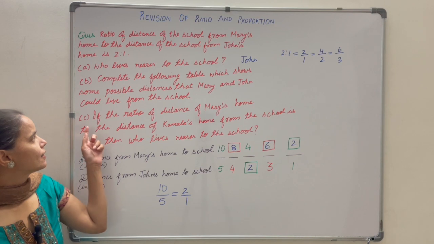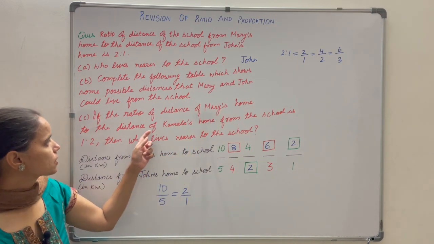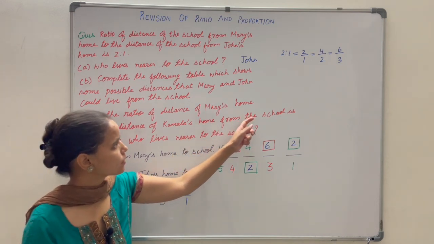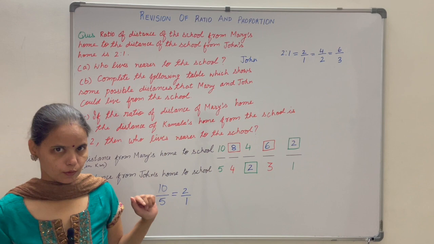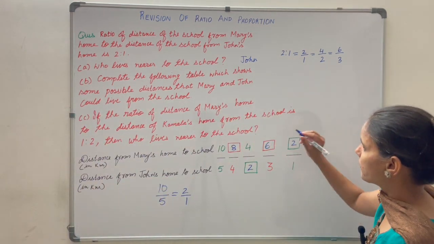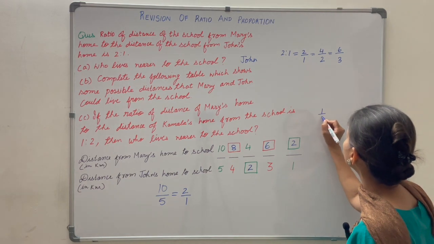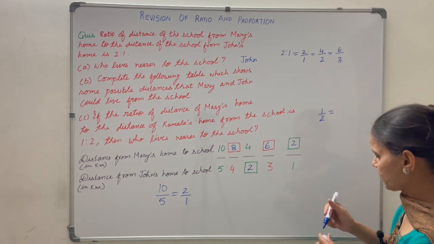Next question. If the ratio of the distance from Mary's home to the distance of Kamla's home from the school is 1:2, then who lives nearer to the school? Now this time they have given you the ratio of Mary's home to Kamla's home. What does it mean?